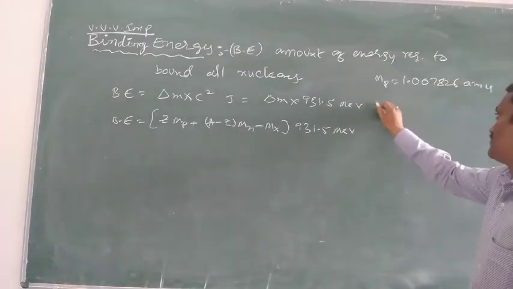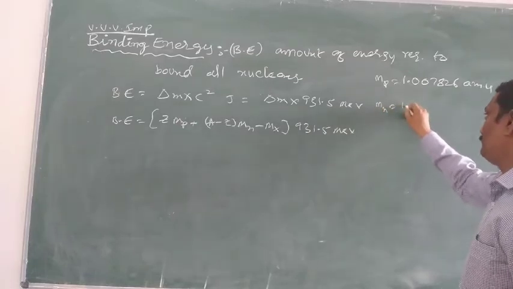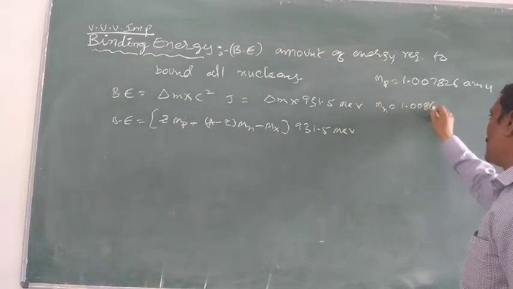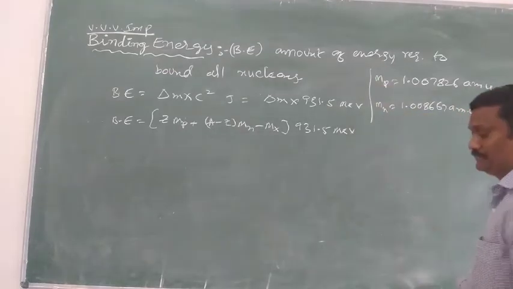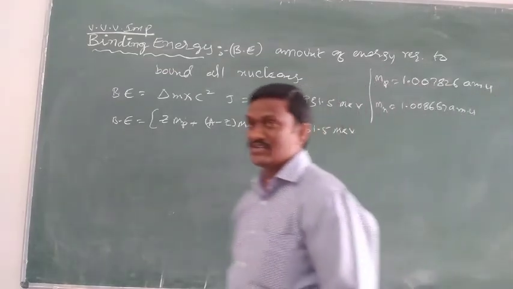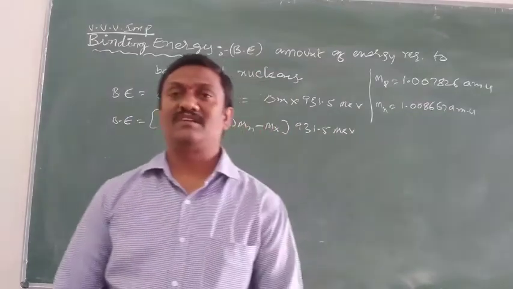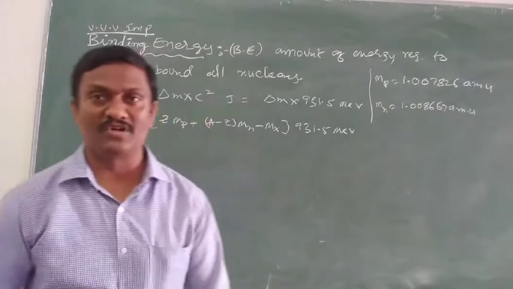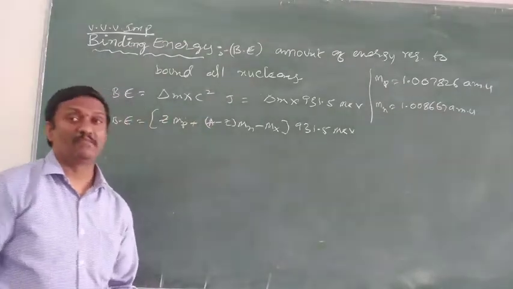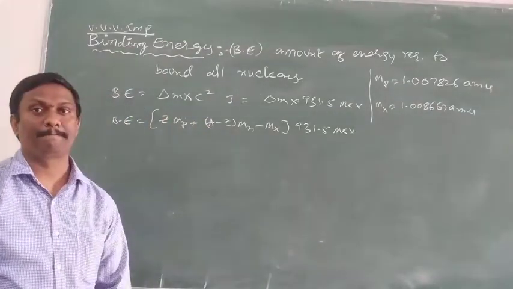Next, the mass of a neutron is 1.008667 AMU. So those are the standard values of the mass of proton and the mass of neutron. That is about the important concept of binding energy.